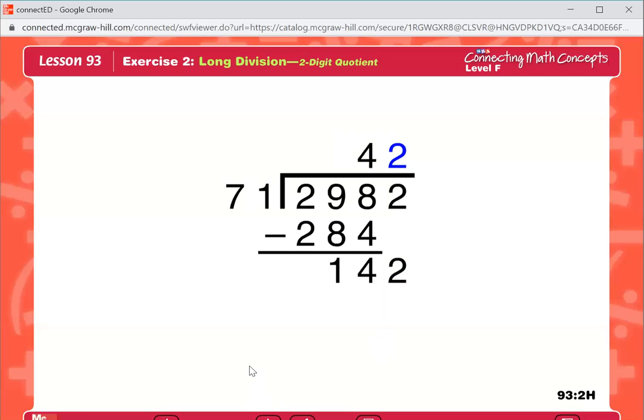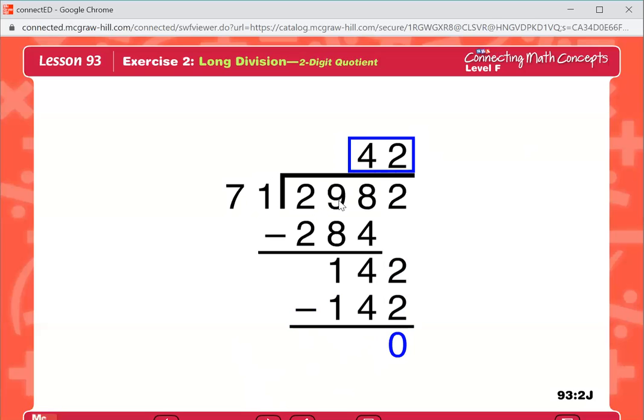What is 71 times 2? So we're multiplying this number by this blue number, 2. 71 times 2 equals 142. So now we are going to subtract 142 from 142, giving us 0. And here's your answer.